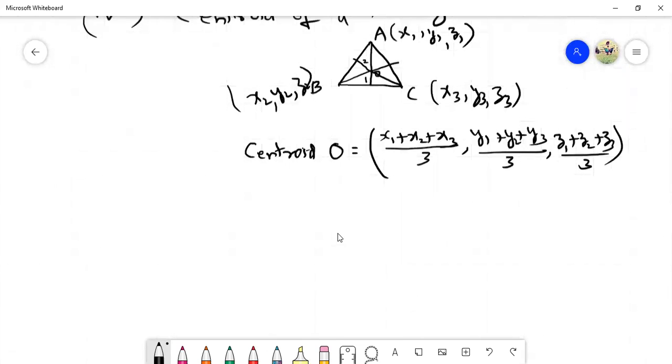Then, because it's 3D, we will also have the tetrahedron shape.